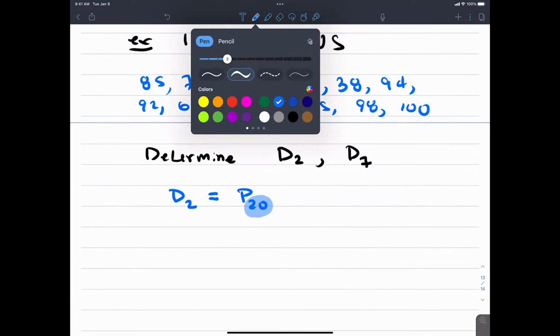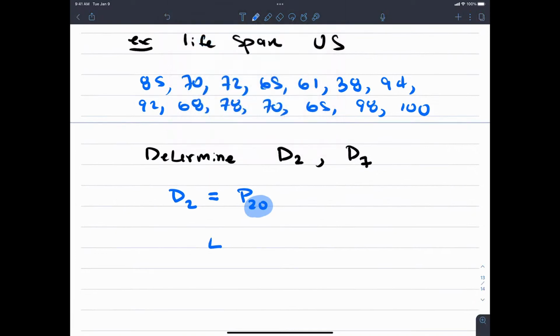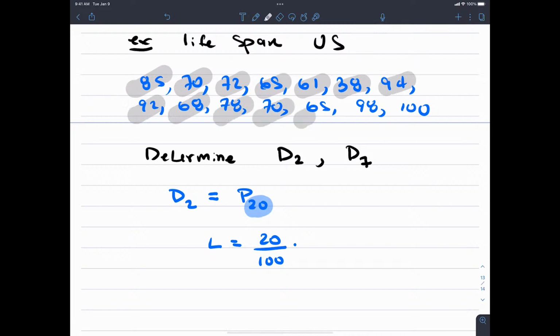Okay, how do you guys answer percentile questions? What's the locator? 20 over 100 times, what's the sample size? Is it 48? No. How many data values are here? 1, 2, 3, 4, 5, 6, 7, 8, 9, 10, 11, 12, 13, 14. You guys okay with that?